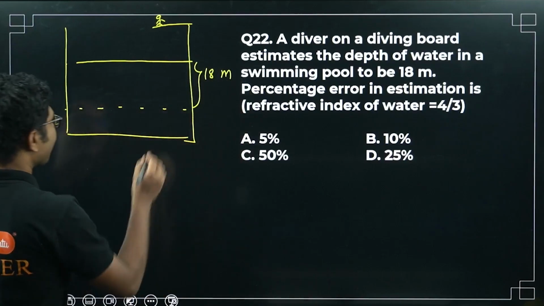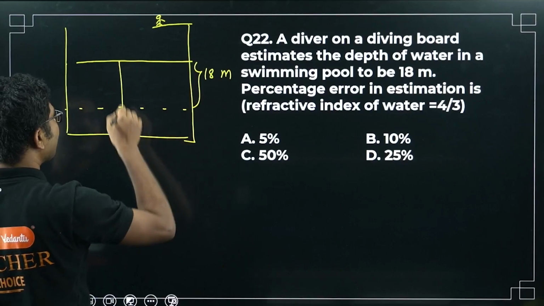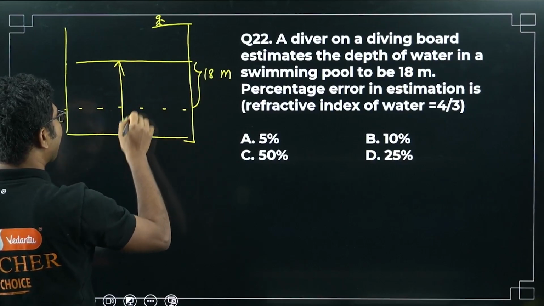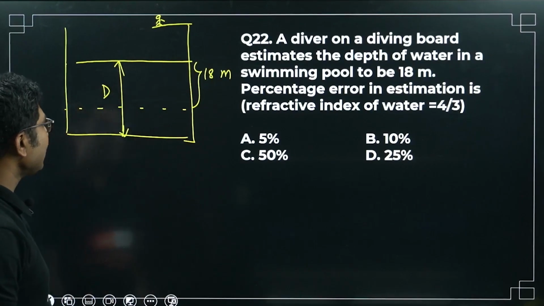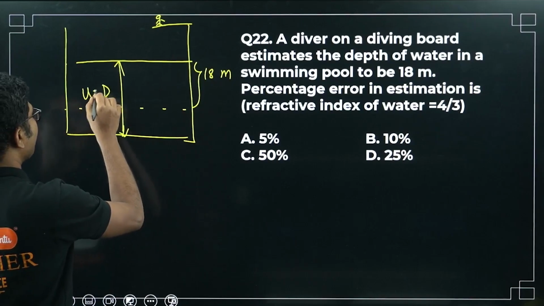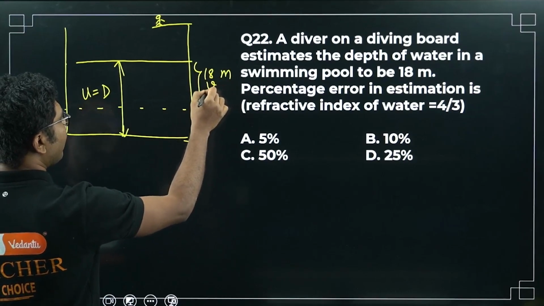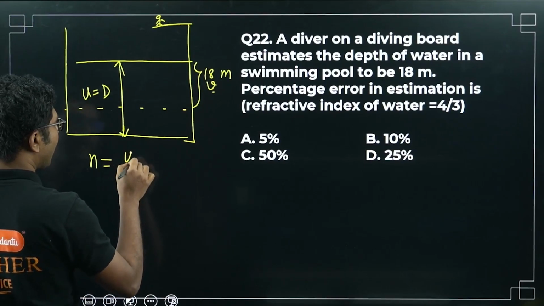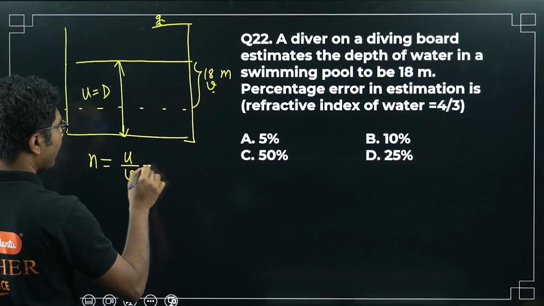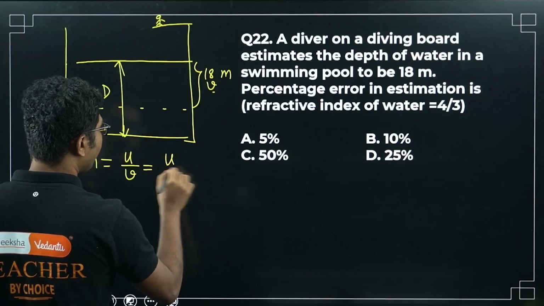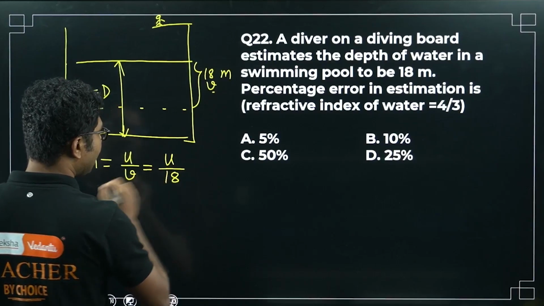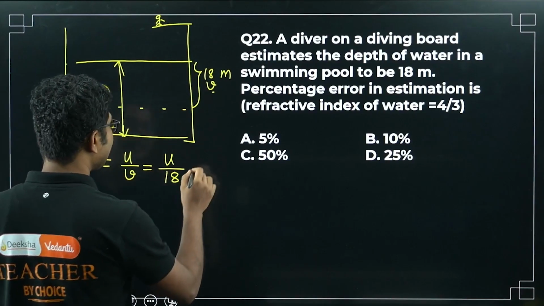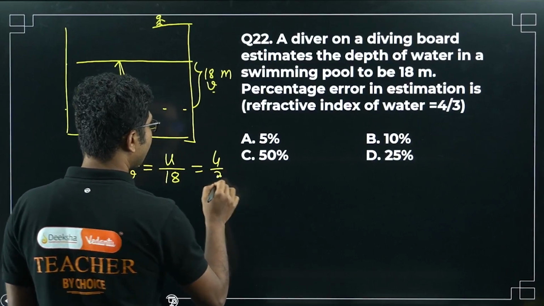What is the actual depth? So say actual depth of the water is capital D. So this is basically our U, this is basically our V. Now we know that formula is N equals U by V. So U we do not know, V is given as 18 meters, right, and N is given as 4/3.